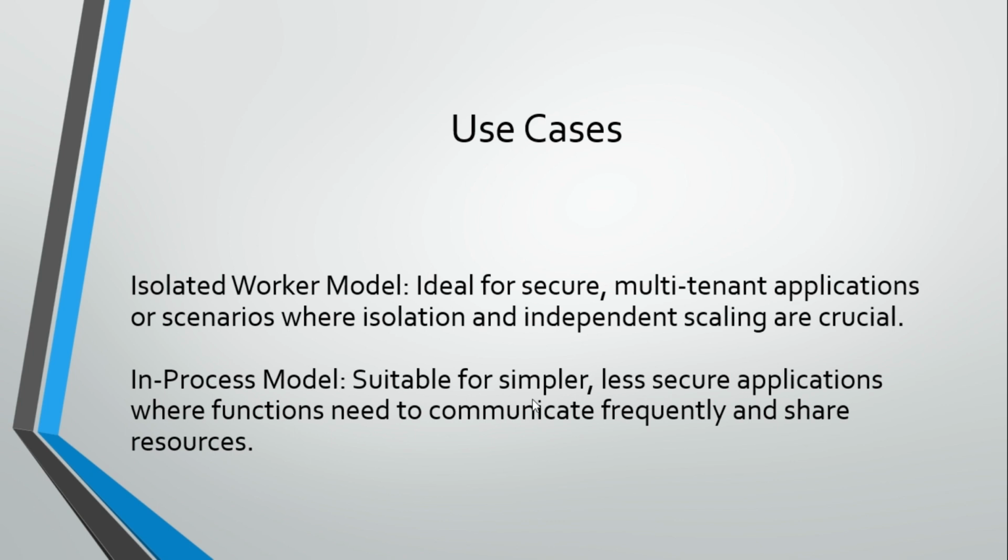The in-process model is suitable for simpler scenarios where multi-tenant requirements are not there and security is not that much required, because internal applications are going to consume these Azure functions. In those kinds of scenarios, we should go for the in-process model.